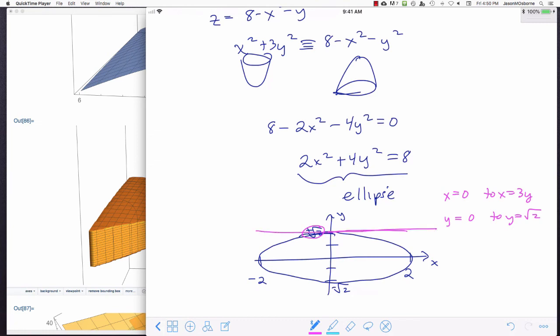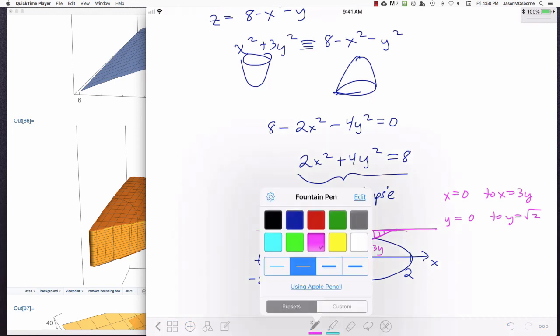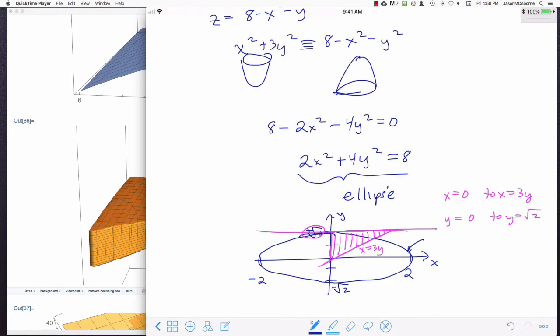And here is the line x equal to 3y. So you can see here that the region we were integrating over, part of it is outside. So here's the ellipse of intersection.